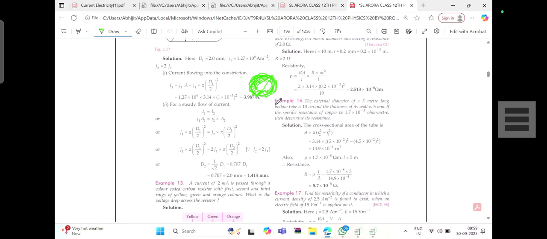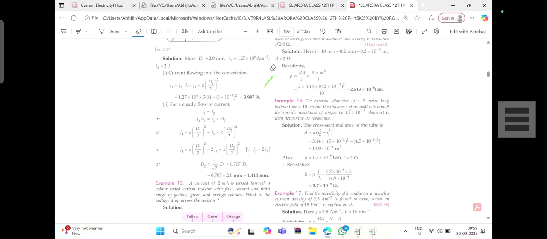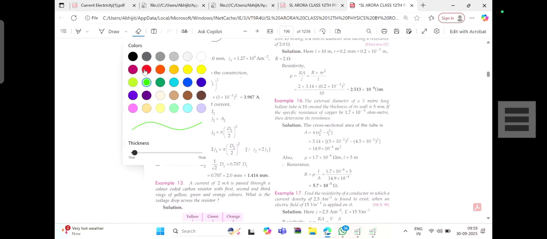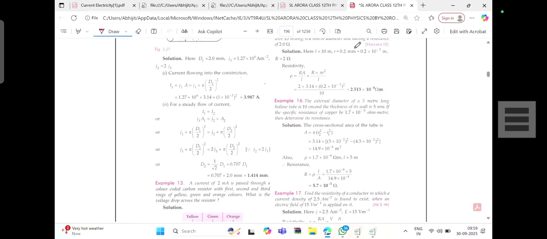Let's suppose we draw it again. It's a spherical shell, and this is the inner surface and this is the outer surface of this hollow tube.